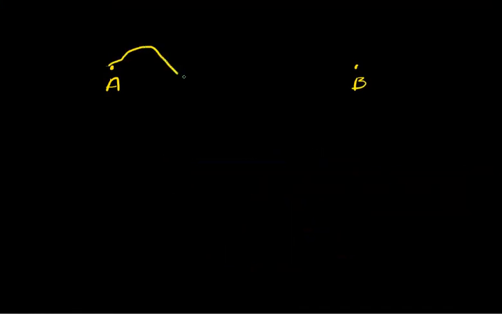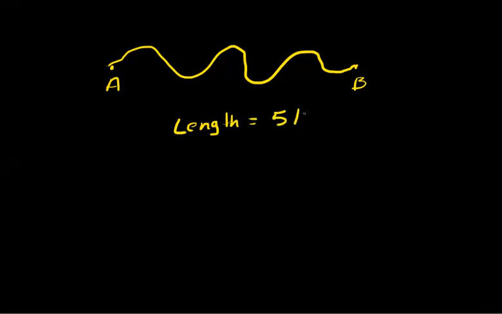Let's say this is the path of the body. Now let's say the length of this yellow line equals 5 kilometers. So we can say distance equals 5 kilometers. If you find the displacement, it is the shortest distance between the starting point and the ending point.